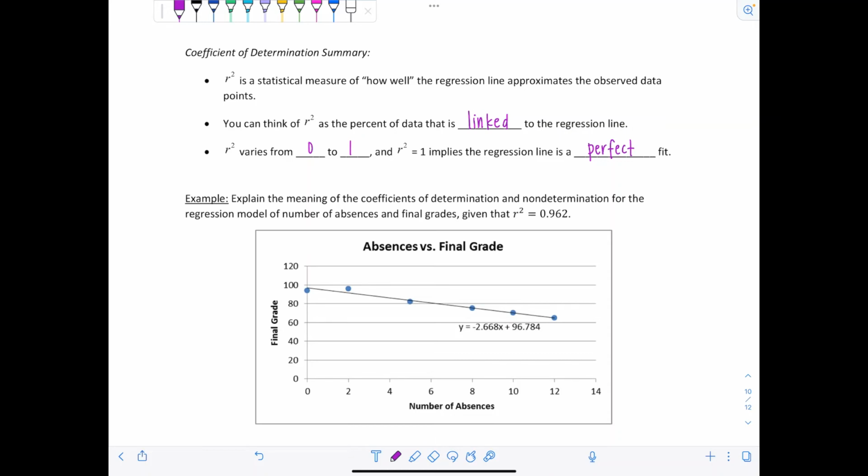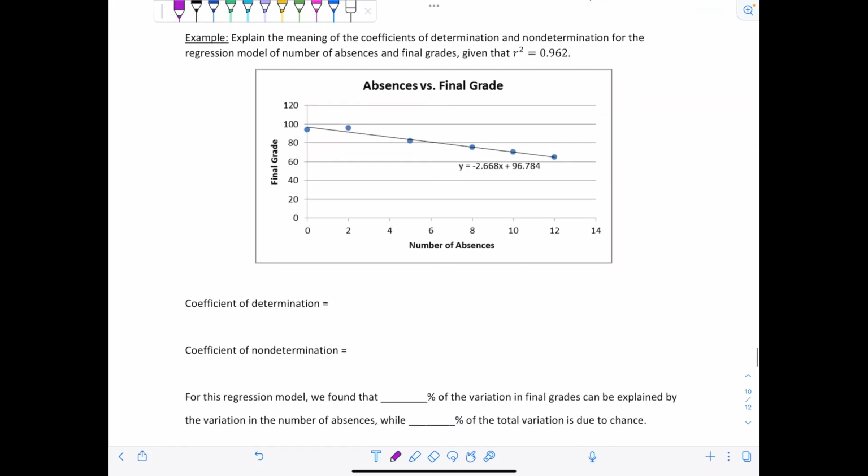So let's look at this example here. Again, absences versus final grade, and explain the meaning of the coefficients of determination and non-determination for the regression model of number of absences and final grades, given that r squared equals 0.962. So where did I get this from? No, I didn't sit there and compute it by hand.